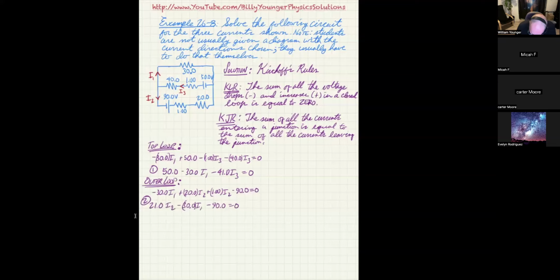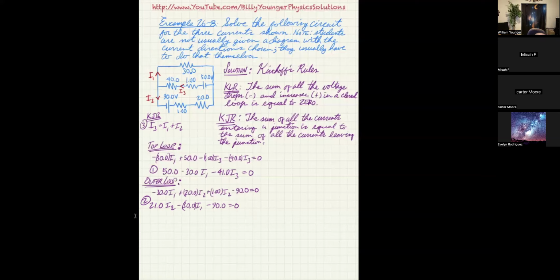There's always one extra node, by the way, or one extra junction. But this one, we see we've got I3 coming in and I2 and I1 coming out. So I have another equation that I3 is equal to I1 plus I2, and that's Kirchhoff's junction rule. And I'm going to call that equation 3.